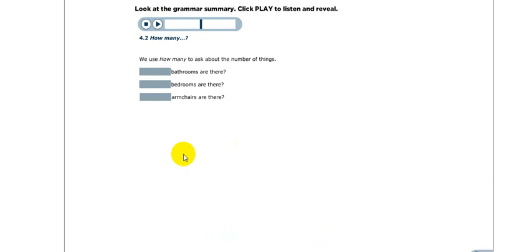Here are some examples. How many bathrooms are there? How many bedrooms are there? How many armchairs are there?